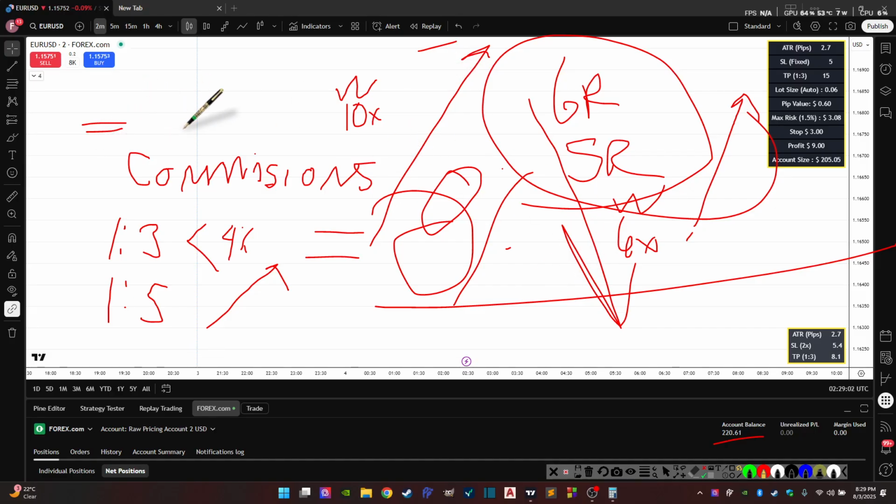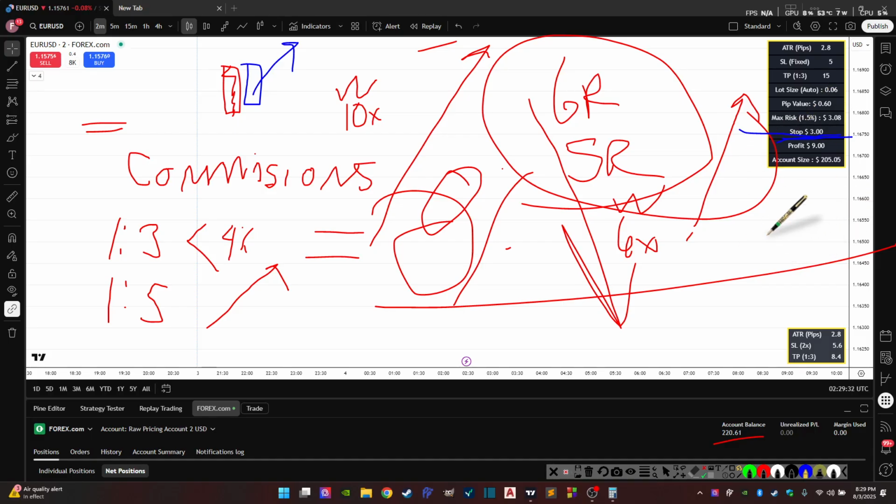So in order to get that, we take our small color change entry and we let it ride. Simple as that. We accept our losses. We risk 1 to 1.5%. If we lose $3, we try again. If we lose again, we lose $3. We try again. If we lose $3, we try again.